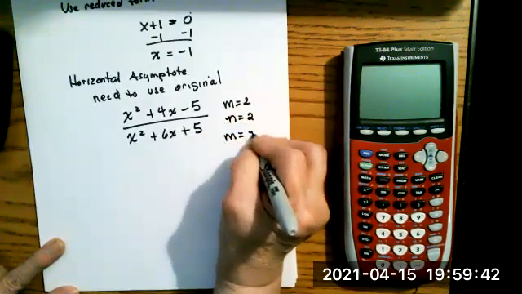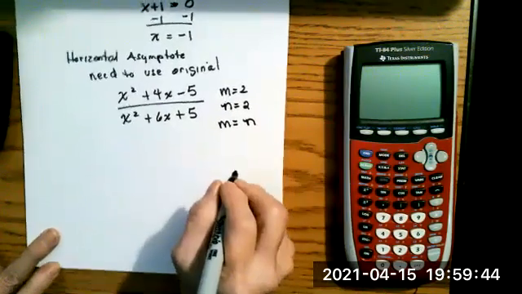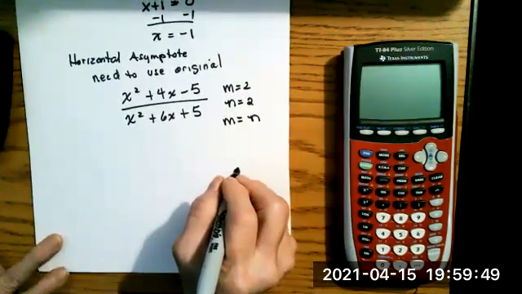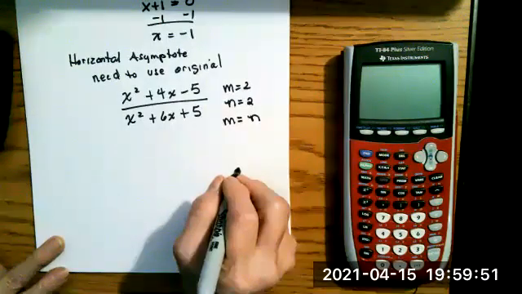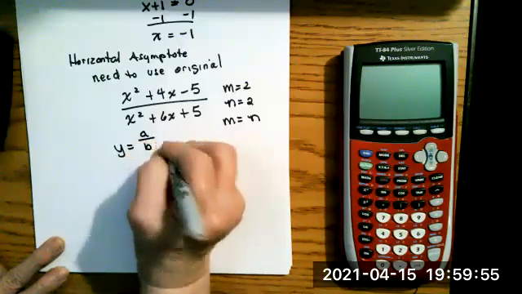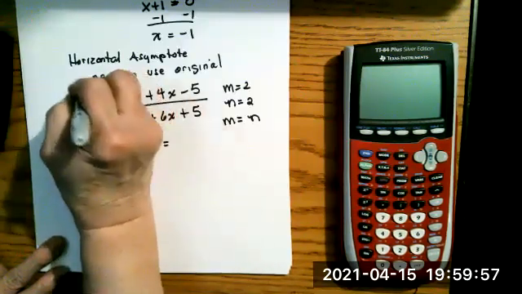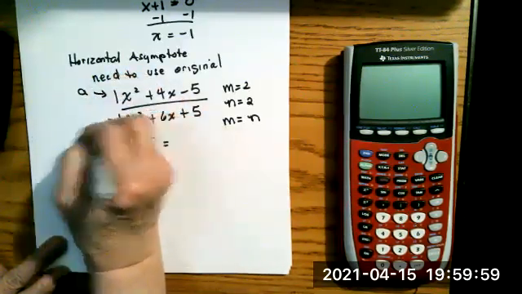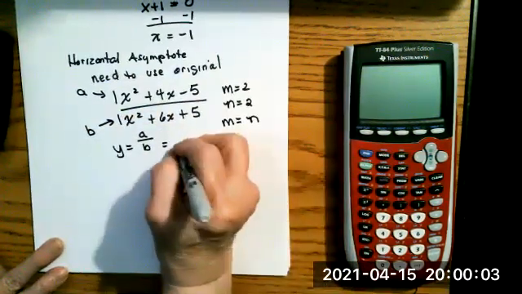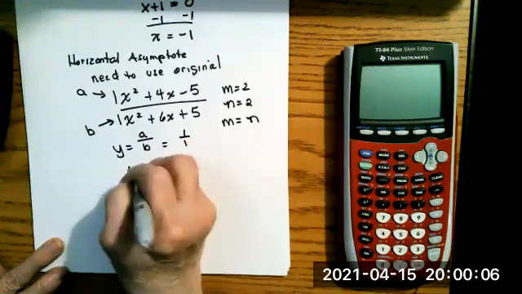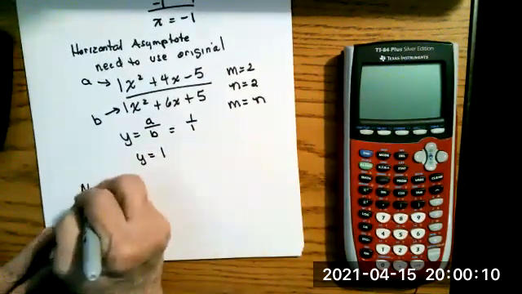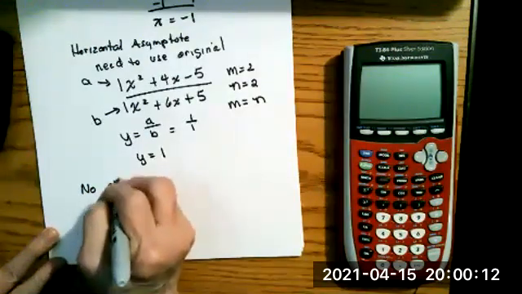So m is equal to n. What do we do when m is equal to n? Y equals a over b. I think you guys got that. And a is up here, and b is down here. It's the coefficients of those leading terms. 1 over 1. So y equals 1 is the horizontal asymptote. If it has a horizontal, there is no oblique.